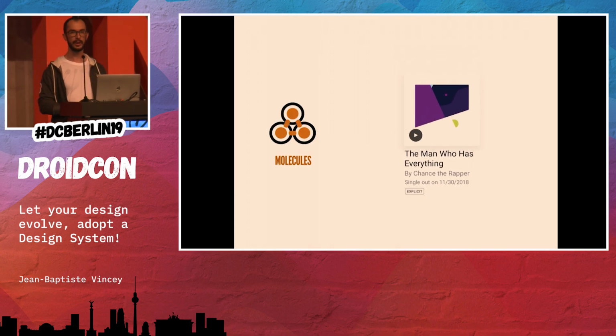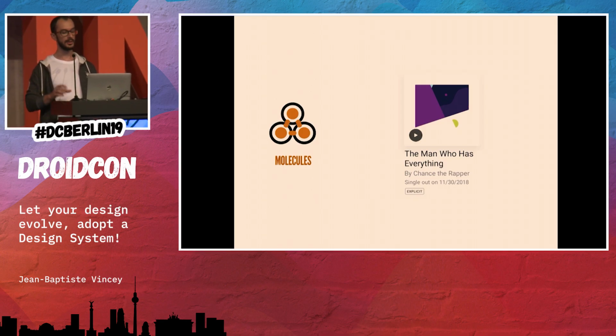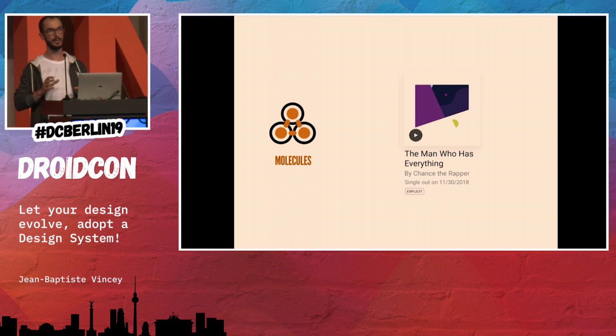Then molecules are composed of several atoms and form a functional unit. All the atoms we saw just before are stacked together to make this molecule that represents an album card. Molecules are more complex, but they should be kept rather simple in order to be easily reusable.